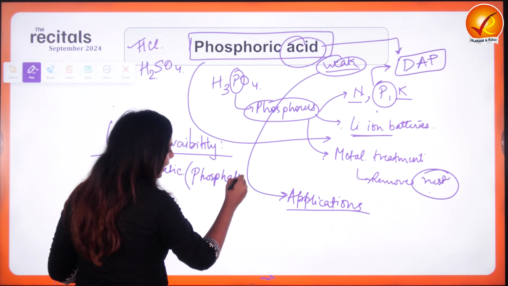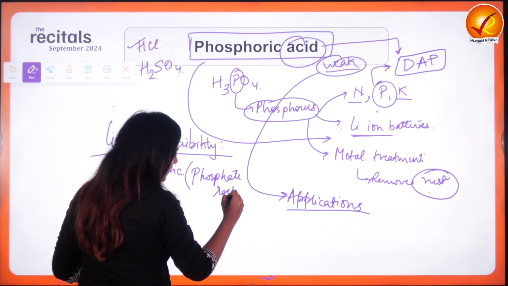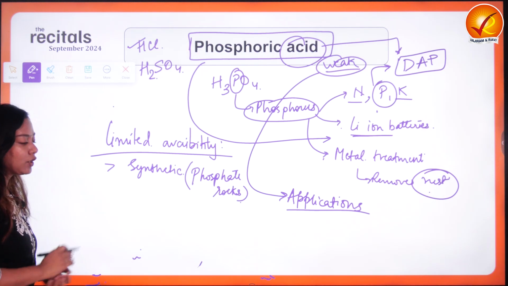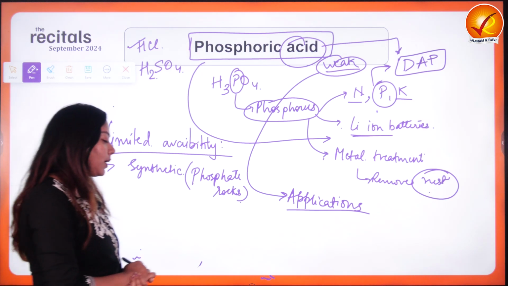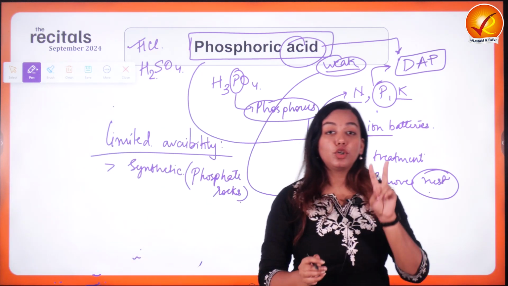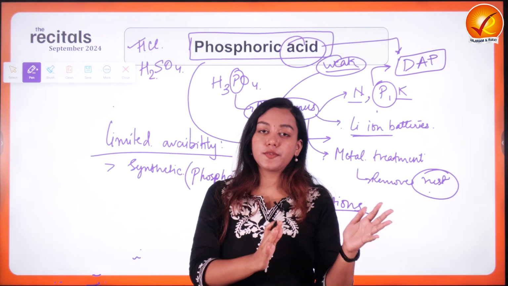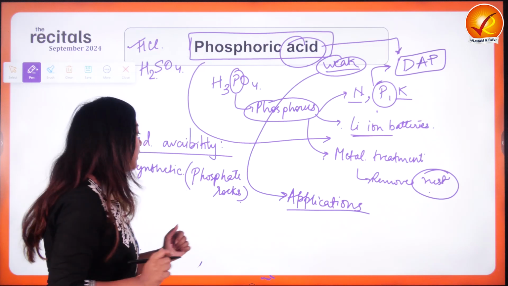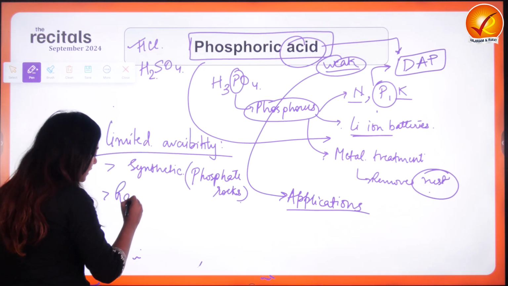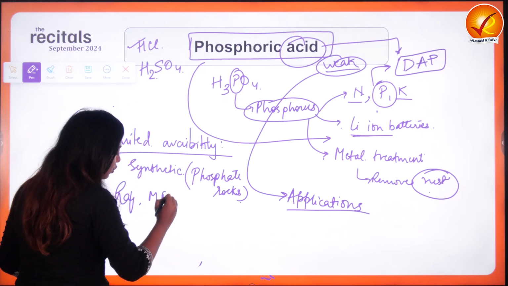What is the source of creating it? The phosphate rocks. Where are the phosphate rocks available in India? Think about it. There are only 2 states which have a good amount of phosphate rocks which can be exploited on an economic level. These two are Rajasthan and Madhya Pradesh only.